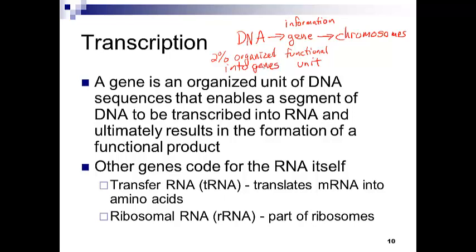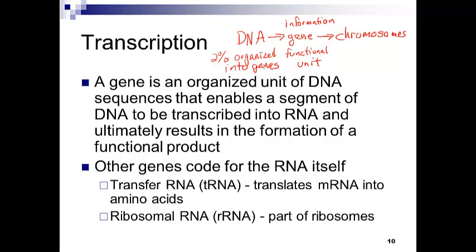Think about that. It's like having a book and only 2% of the pages in your book actually have anything of substance. The others don't necessarily encode for a product, don't necessarily contain information. I mean, that's staggering, right?